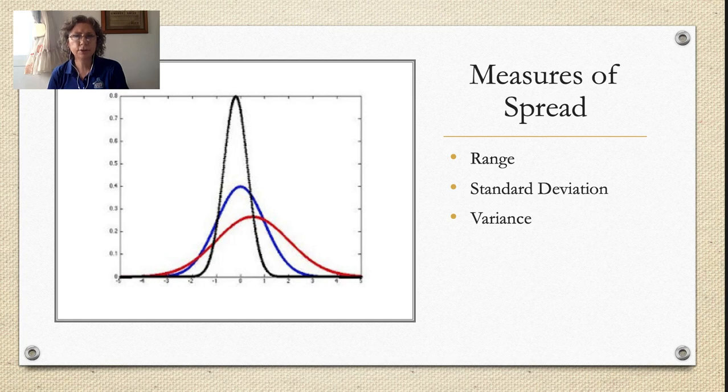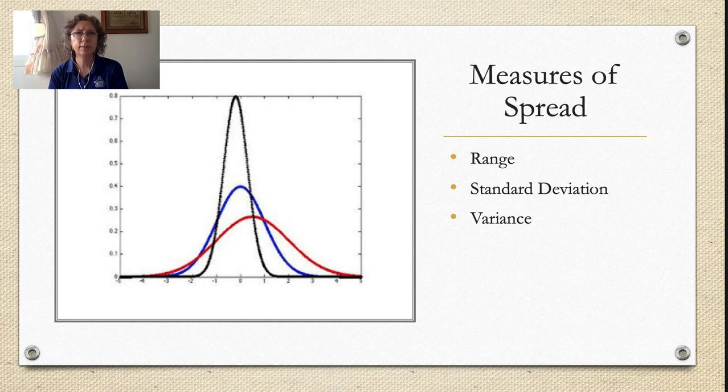But measures of central tendency are not giving us the full picture. Here we move into another type of descriptive called measures of spread. Measures of spread, like measures of central tendency, are descriptive statistics that try to use a single number that best describes the variability in a data set.